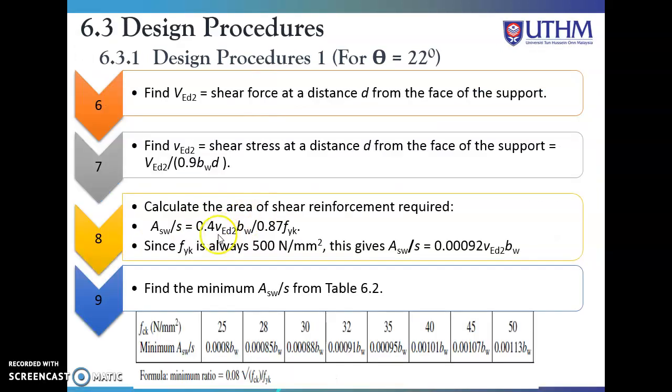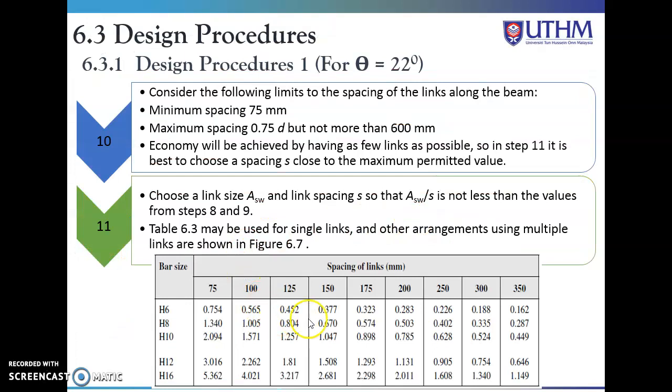So we already calculated the value of ASW over S. So we already know this value. By using this value, we can choose our link size and also the link spacing.